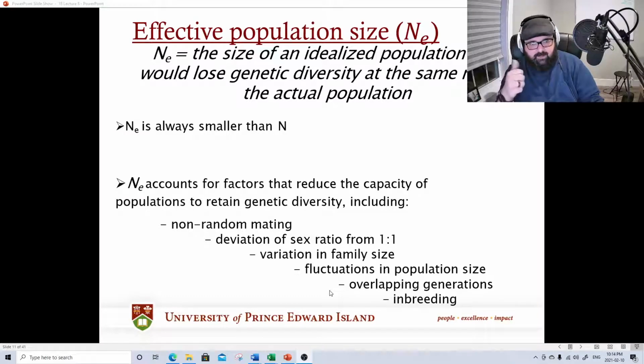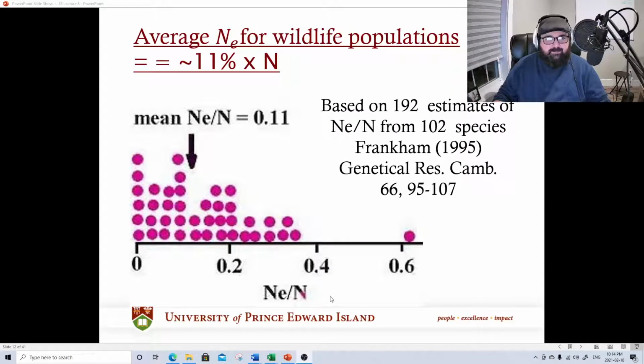So it accounts for non-random mating, deviation from a 1-to-1 sex ratio, variation in family size, fluctuations in population size, overlapping generations, and inbreeding. All of those things contribute to the NE, or the effective size. So if you can calculate the effective size of a population, you'll have an idea of how it's really doing genetically. It's a really good measure.